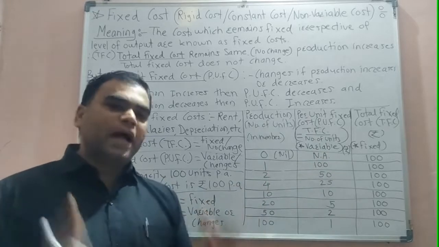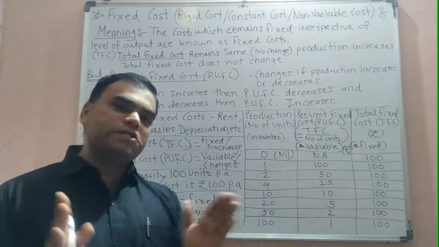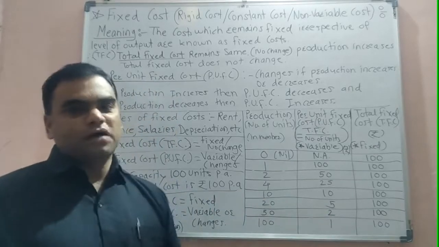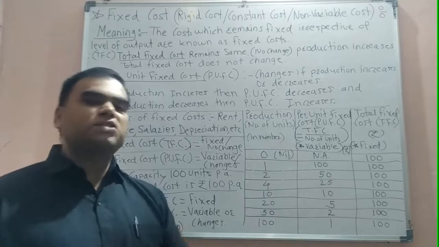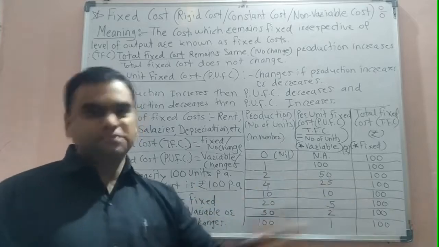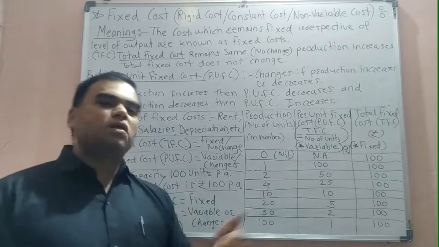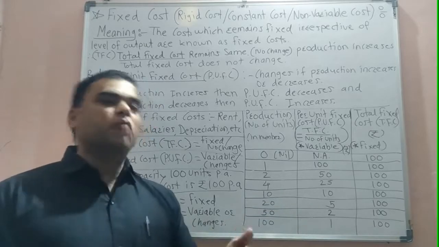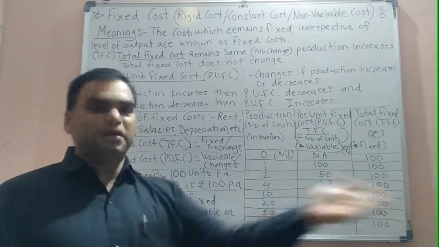Suppose your plant capacity is 100 units per annum and you have taken the plant on rental basis and you have not manufactured a single unit, even then you will have to pay the rent. If you have manufactured 1 unit, then also you have to pay the same rent, that is 100.